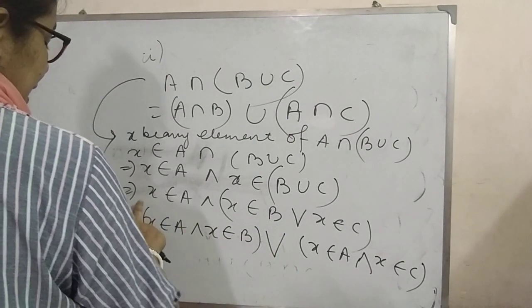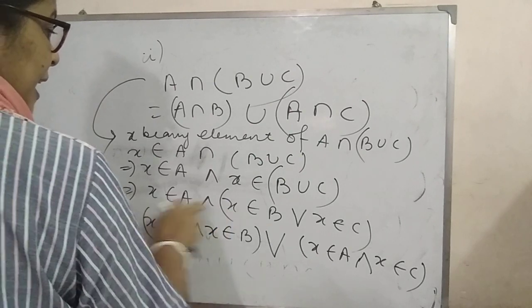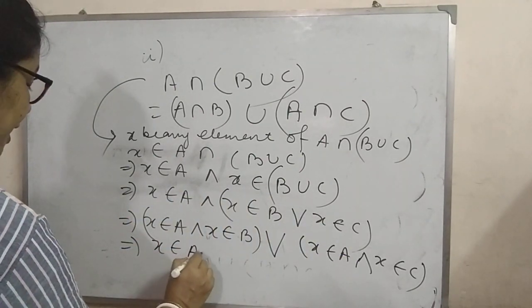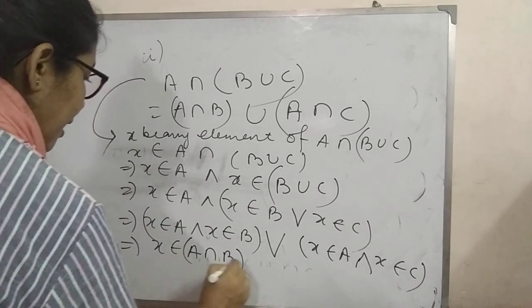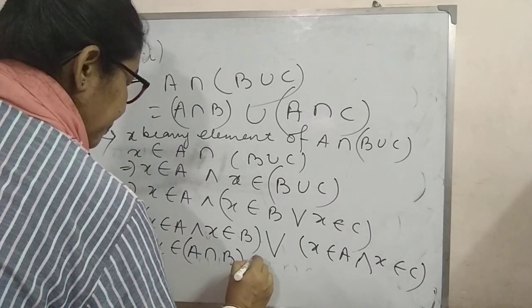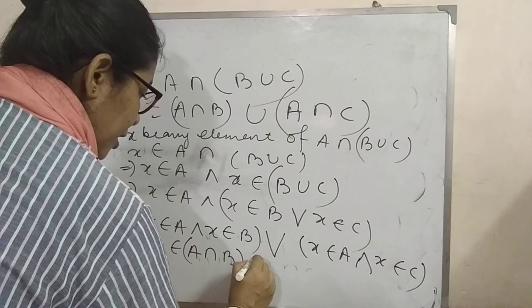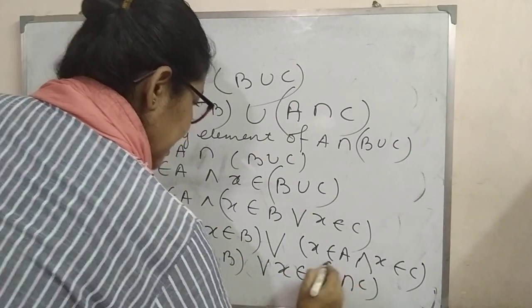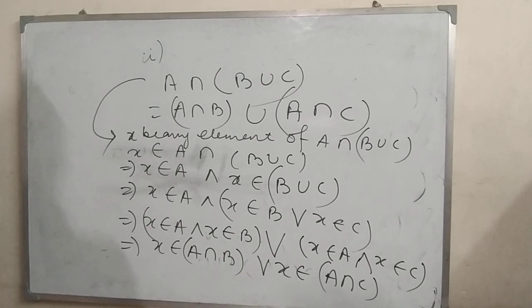This is union. A is distributed to B, A is distributed to C. So I can write X belongs to A intersection B or X belongs to A intersection C.